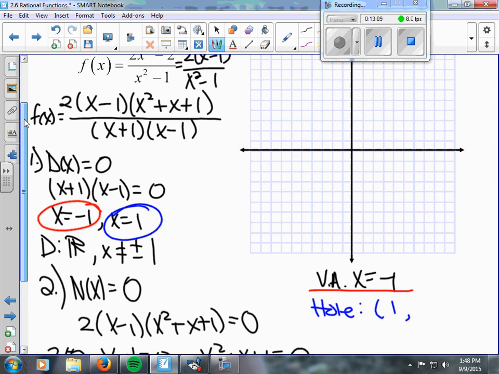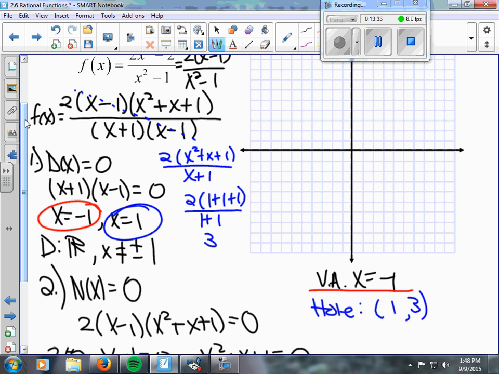Let me go back here to the factored form, and let me cancel the x minus 1. Now, if I plug 1 into what I have left, after I cancel the x minus 1, I get 2 times 1 plus 1 plus 1 over 1 plus 1. So this is 3. So my hole is at 1, 3.